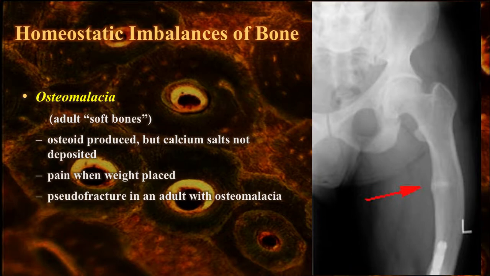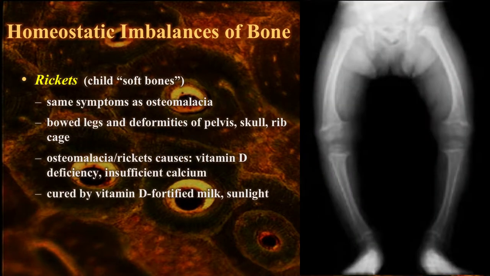Okay, so pseudofractures, they look like fractures on an x-ray, but they're not a real fracture. They're going to be lines of just the osteoid that hasn't been calcified. Okay, but then in children, we call this rickets. Okay, so soft bones in the kids. You get bowed legs and deformities in the pelvis and the skull and the rib cage.